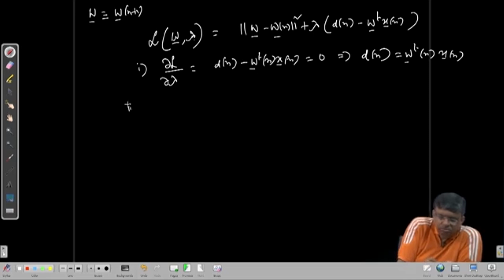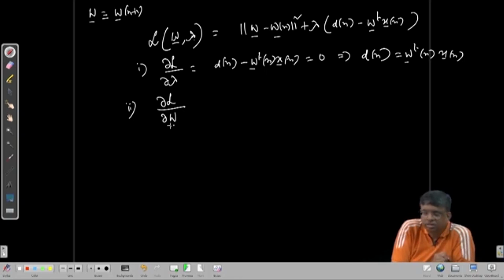Next comes del L del w. Now, we have done this kind of thing, that is actually equal to del w L. You remember this notation we used in the context of derivation of optimal filter and NLMS algorithm and all that. It is nothing but partial derivatives stacked. So that is for that I have to derive it.